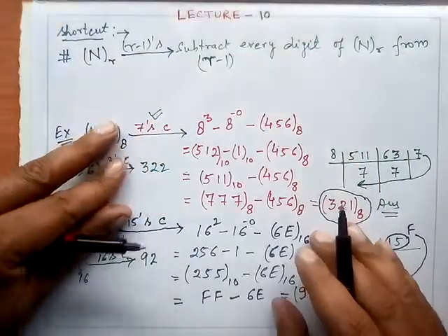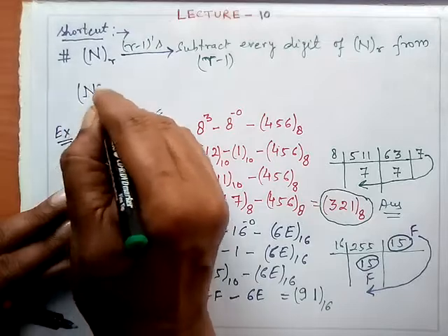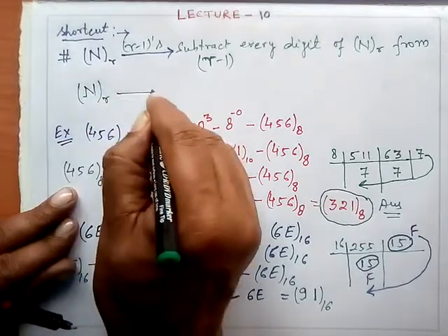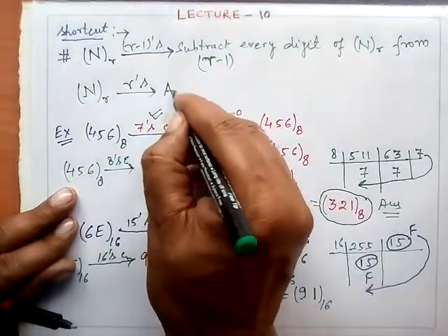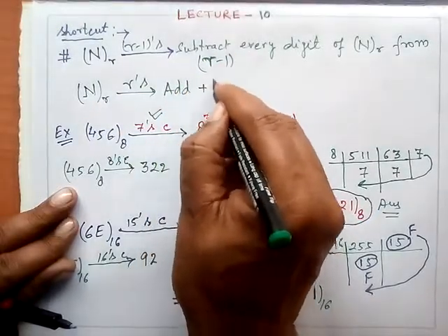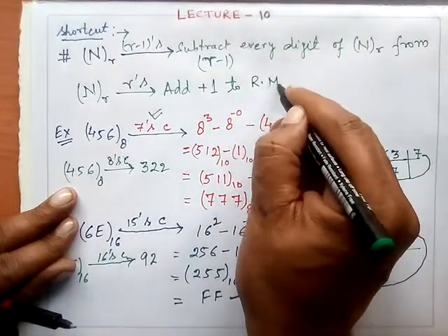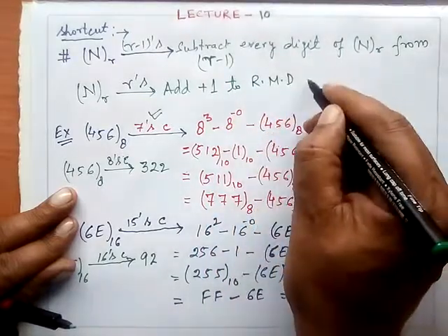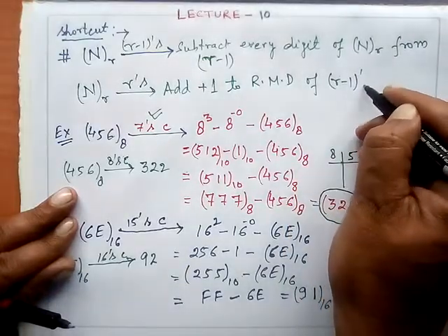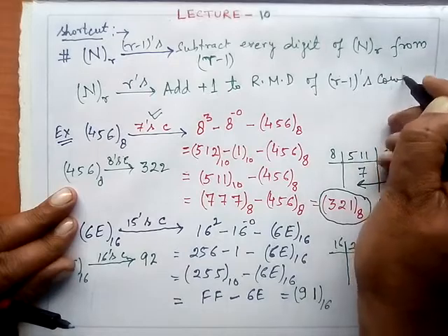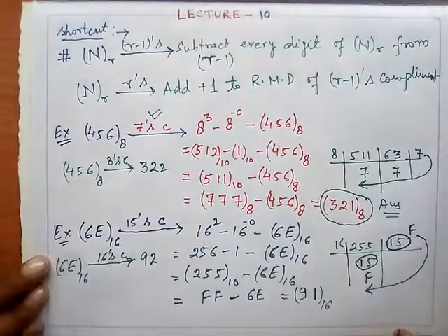I hope this is clear to you. And if you have to find the r's complement, add 1 to the rightmost digit, RMD, of the r minus 1's complement. I hope this is clear to you.